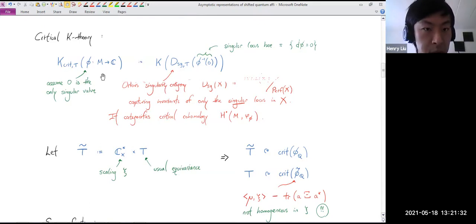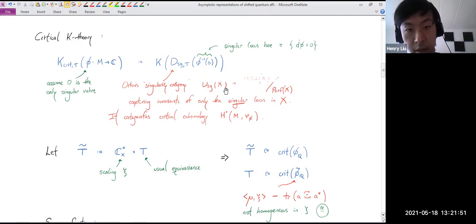Critical K-theory is associated to a function, a scalar valued function on some smooth ambient space. And for simplicity, we'll assume that 0 is the only singular value of this function, so that all the interesting things happen in the preimage of 0. This isn't a necessary assumption, but it really makes the story much simpler.